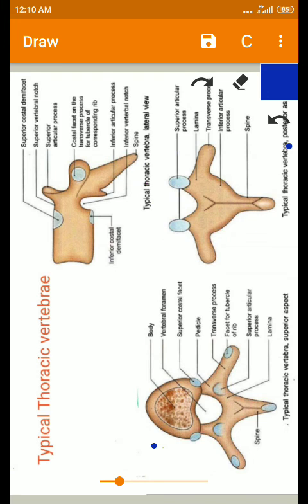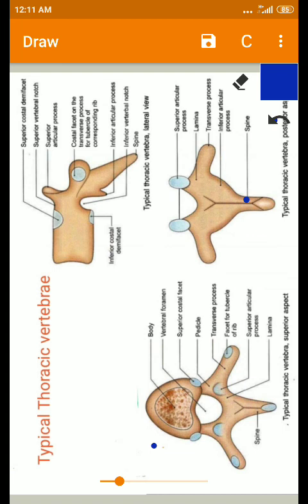Supraspinous means this ligament joins all the spinous processes of all the vertebrae. Interspinous means this ligament attaches in between two spinous processes. And the spinous processes also give attachment to the rhomboids major and minor.